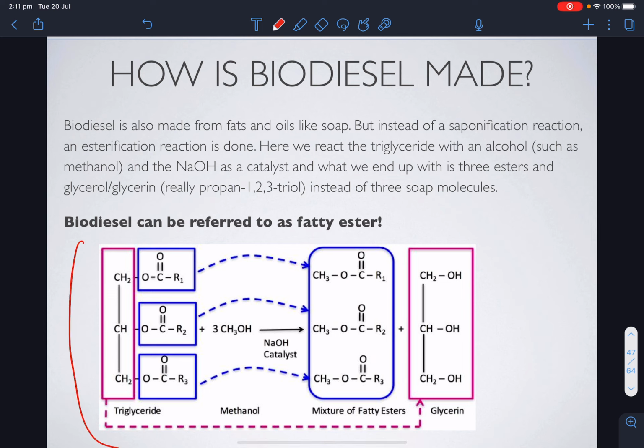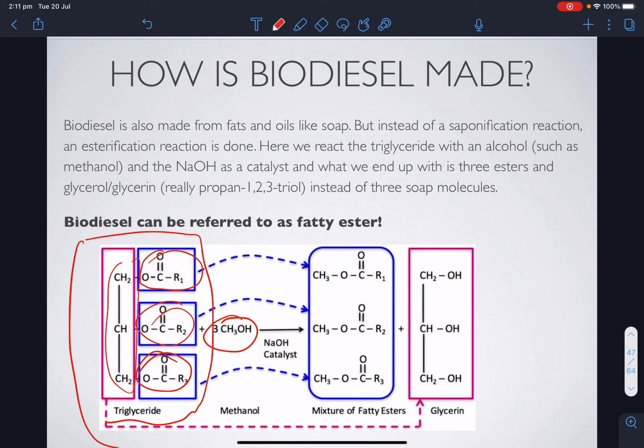So here in my diagram, I've got my triglycerides the same. I've got that propane backbone, and then I've got my ester groups coming off, with very long chains. If I react it with an alcohol like methanol, what ends up happening is I break it apart, so I get glycerin or glycerol, same name for the same molecule, but here instead of those ions and soaps, I get this methyl group on the end, closing it off.